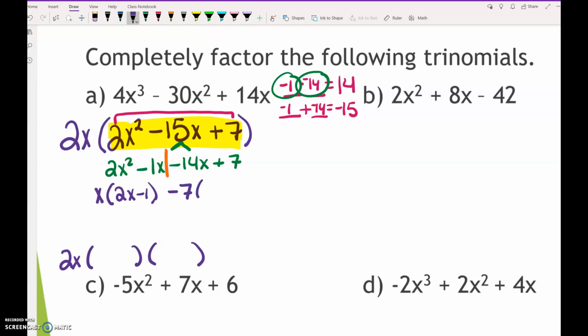Negative 14x divided by negative 7 is 2x. 7 divided by negative 7 is negative 1. So our answer is 2x times x minus 7 times 2x minus 1.